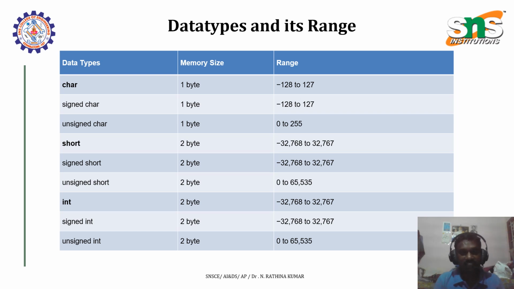For a signed integer, the range is completely different. It starts from a negative value to some positive value, that is -32,768 to positive 32,767. Similarly, the character data type and its ranges are also given.